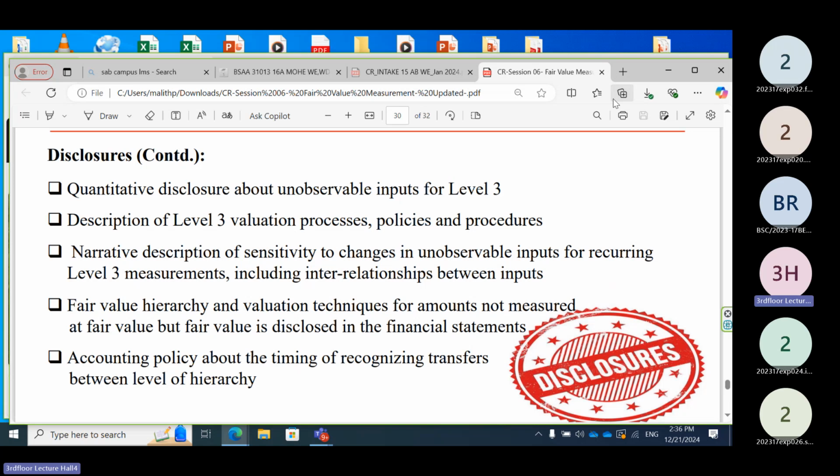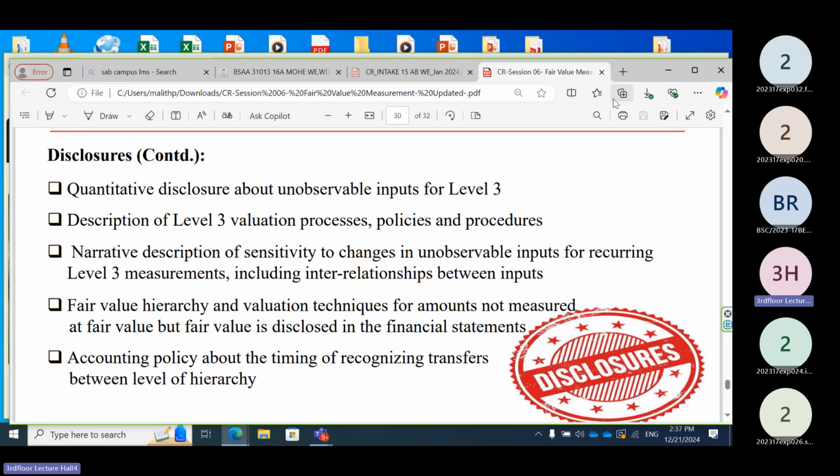Narrative description of sensitivity to change in the unobservable inputs for recurring level 3 measurements, including the interrelationship between inputs. That's really important, the very critical disclosure: sensitivity analysis. If you are changing 1% of one input, what's the impact to the P&L? What's the impact to the total asset? That's sensitivity, right?